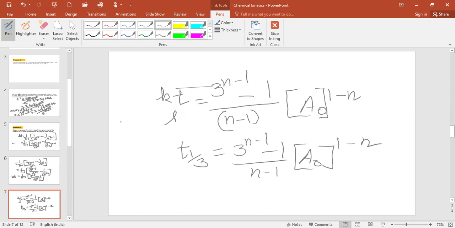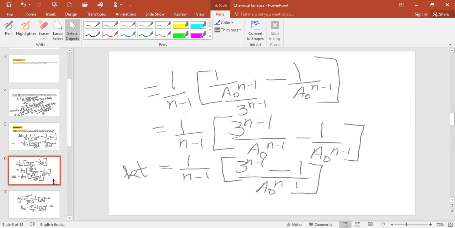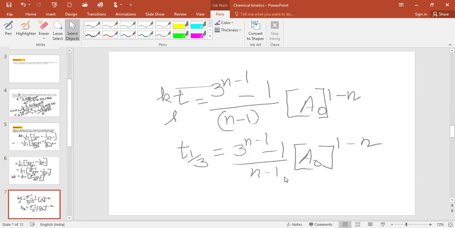When a0 to the power n minus 1 moves to the numerator, it becomes 1 minus n. That's all.